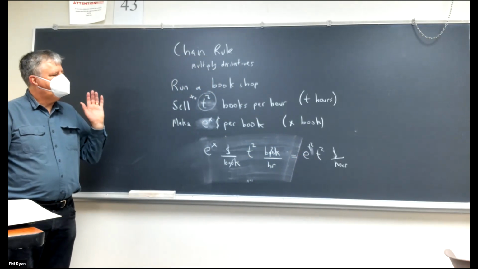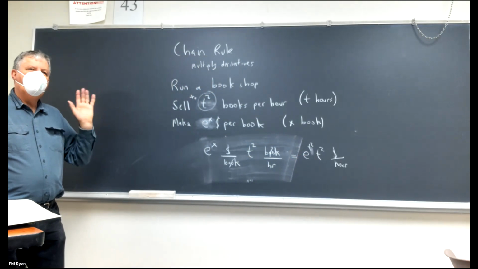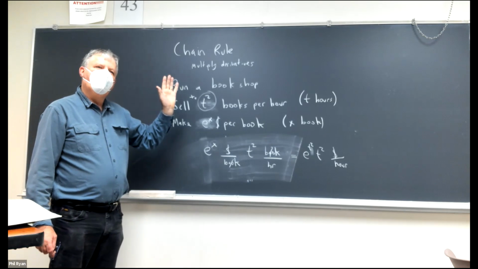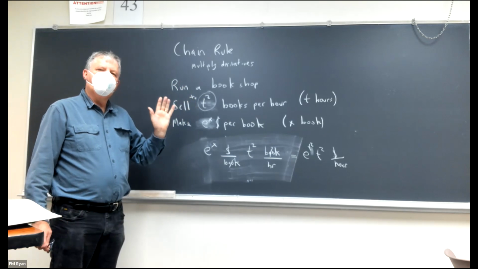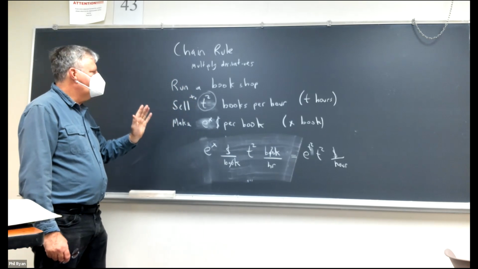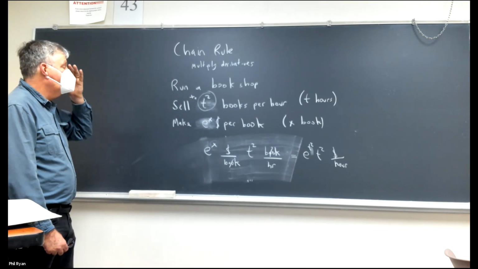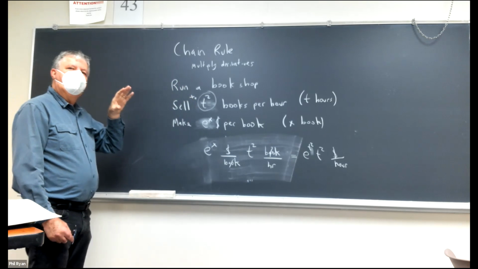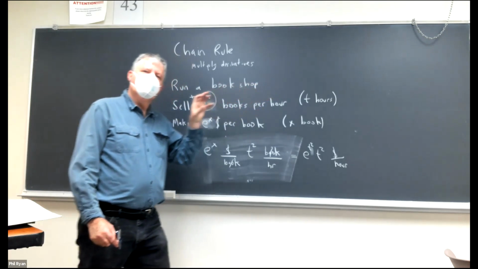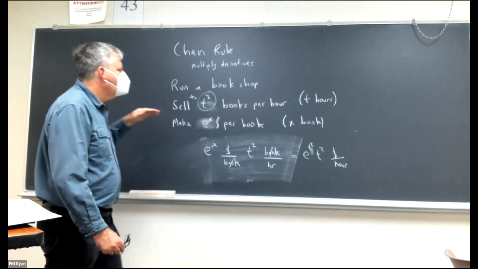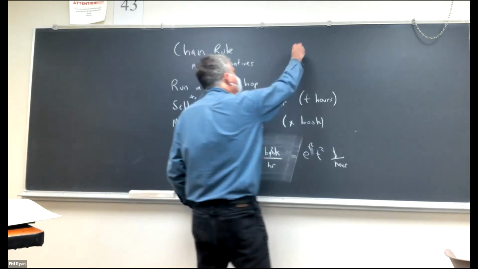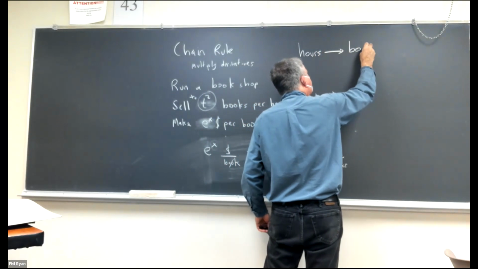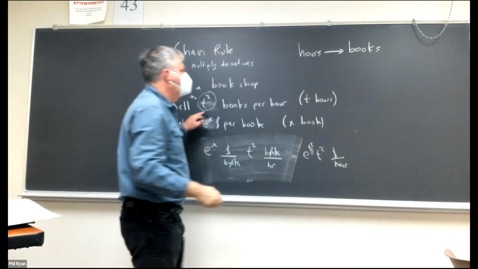Okay, now, what have we done here? We have multiplied rates together, and we could do this because of the process. Time is our input, hours. Hours gets turned into books by this.